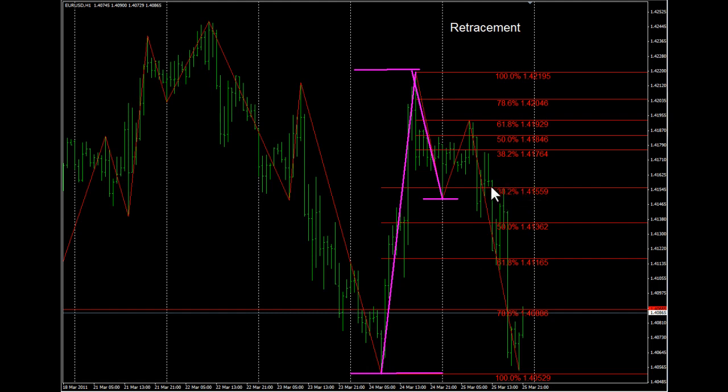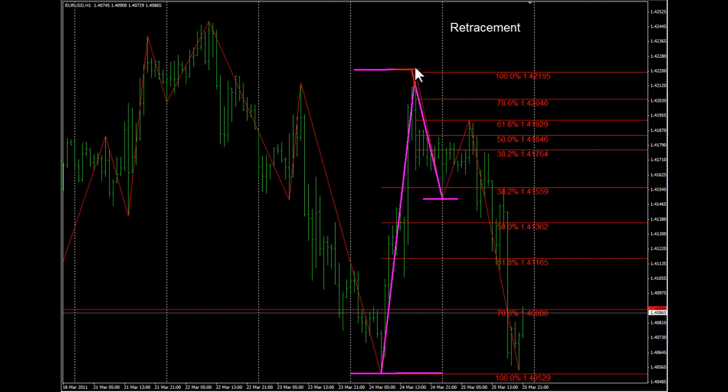We've got a 38.2% retracement, a 50% retracement, a 61.8% retracement, a 78.6% retracement, almost 100% retracement, but not quite. Because price did not break the 100% level, it still qualifies as a retracement, even though it's almost 99 point something. But nevertheless, this whole downfall right here is still a retracement of this swing right here.